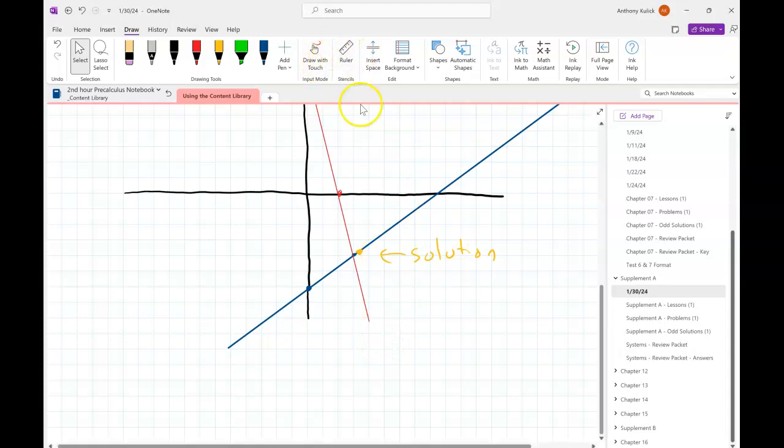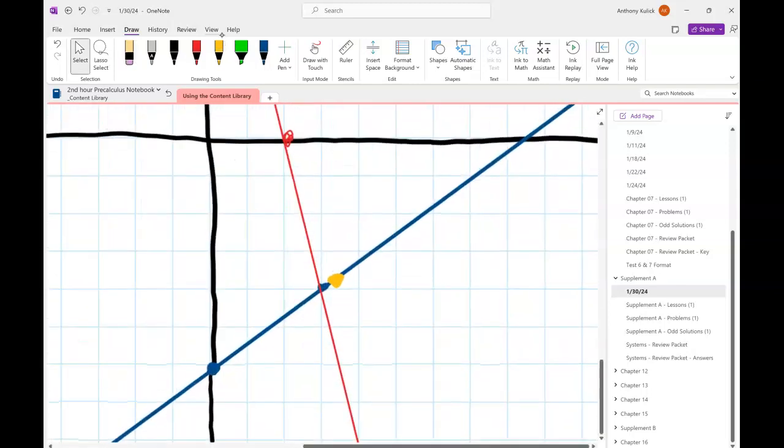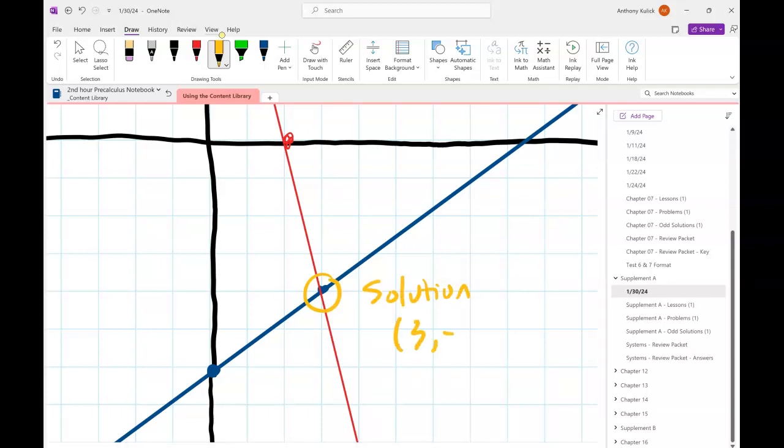So now, if I take a closer look, what do we see now? What appears to be the solution? Looks like that same spot, 3, -4, right? Now, do we know that's the solution, or does it just look like it? Could it actually have been like 2.9 and -3.9?